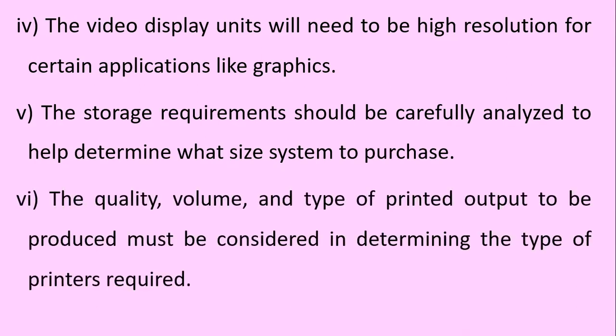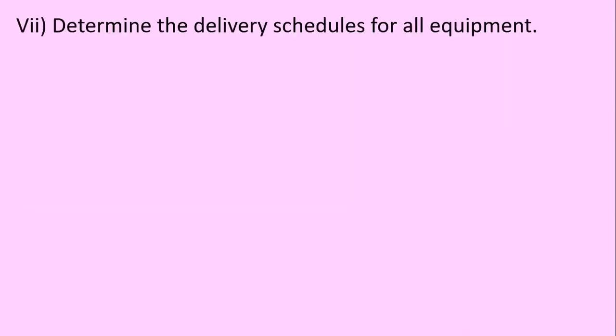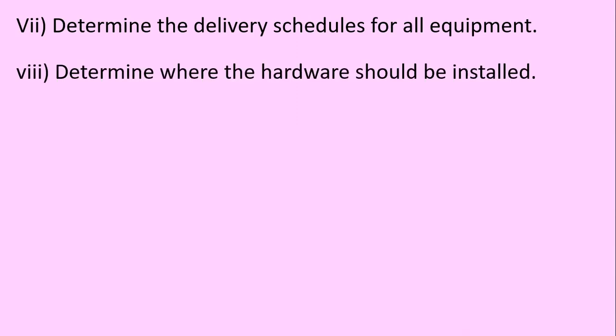Number 6, the quality, volume, and type of printed output to be produced must be considered in determining the type of printers required. Number 7, determine the delivery schedules for all the equipment.